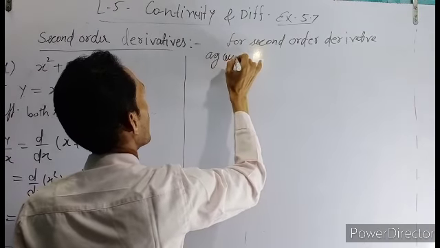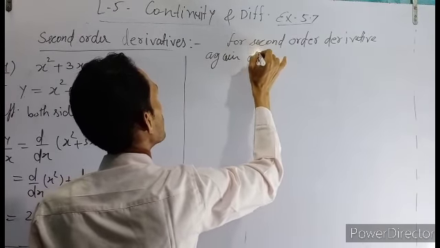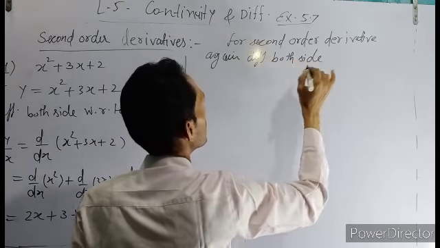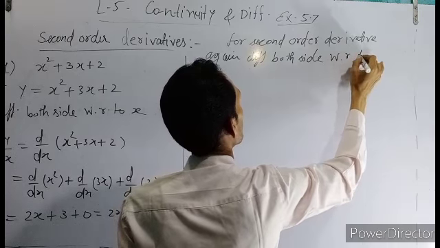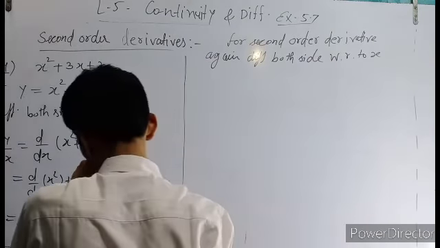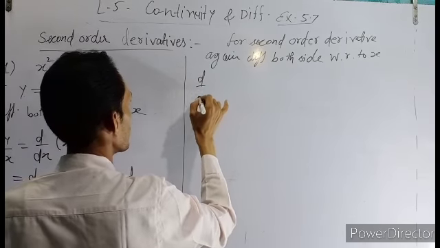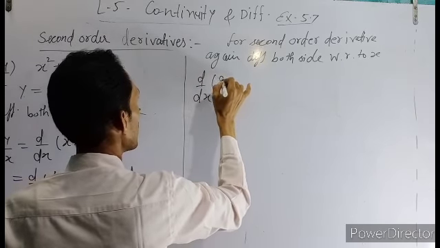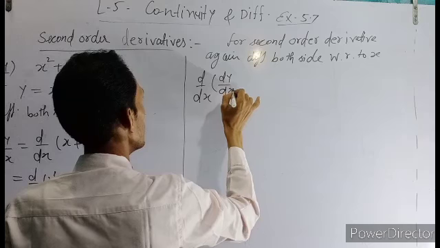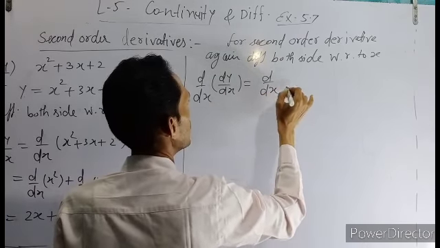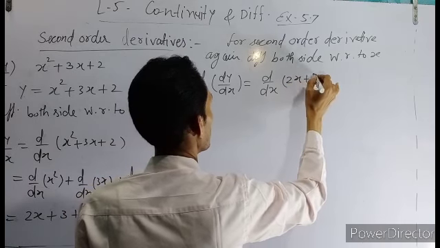So again differentiate both sides with respect to x. So now again differentiate. d/dx of dy/dx equal to d/dx of 2x plus 3.